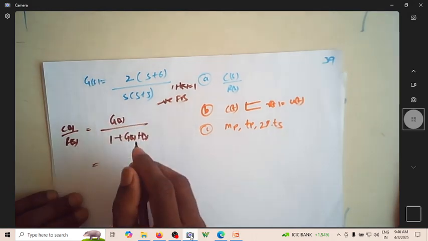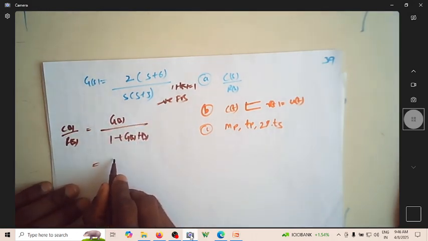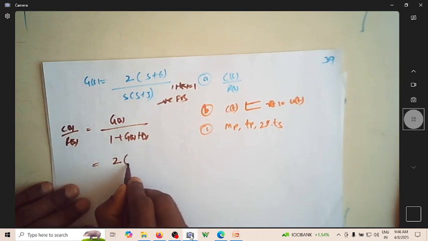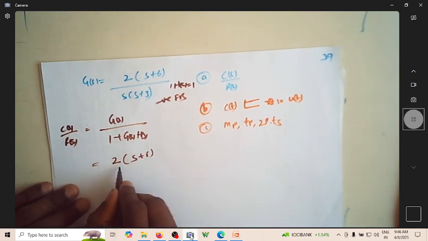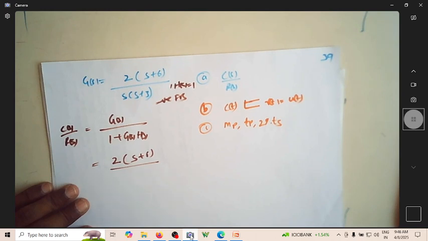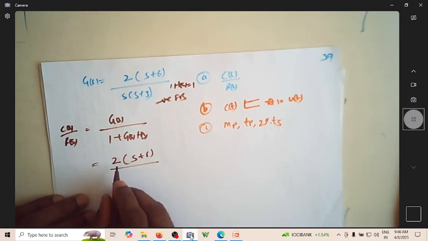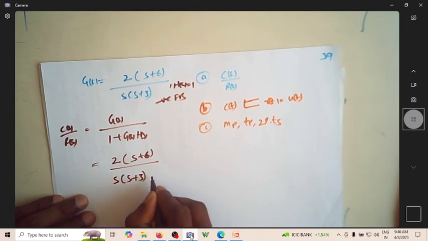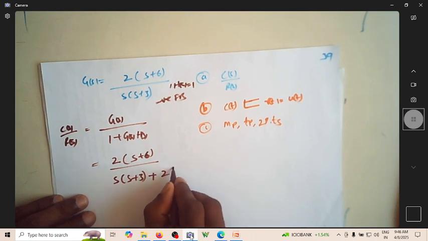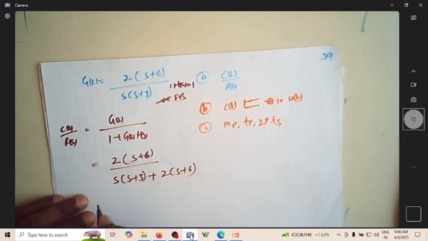So this equation reduces to 2 into s plus 6 divided by s into s plus 3 plus 2 into s plus 6.